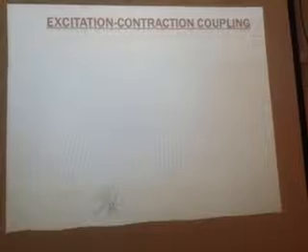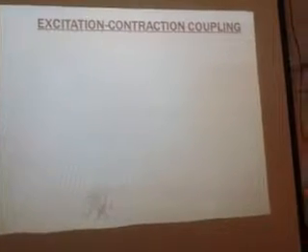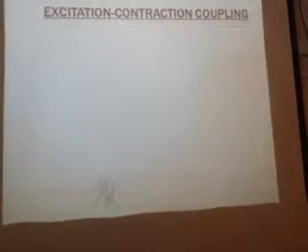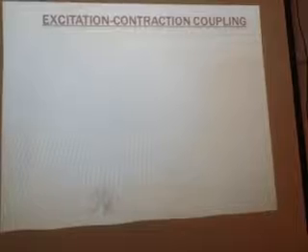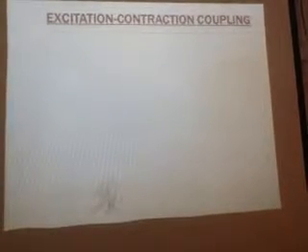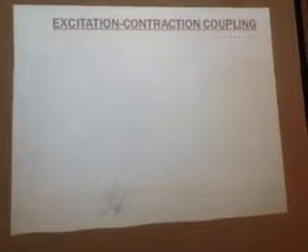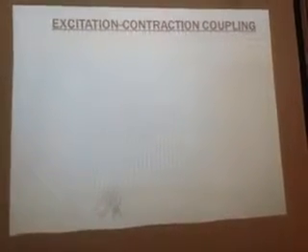Now we will discuss what we mean by excitation contraction coupling. This is very, very important, also from the examination point of view. Concentrate. Excitation we have discussed in the last class. When an action potential comes on the nerve, a sequence of events takes place in the neuromuscular junction, leading to producing the end plate potential.